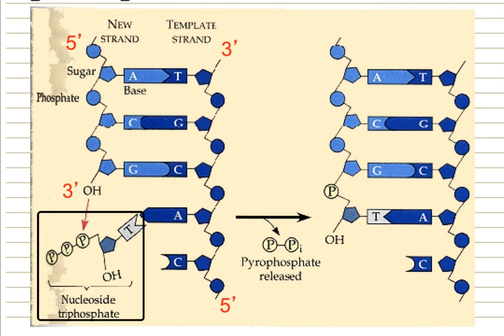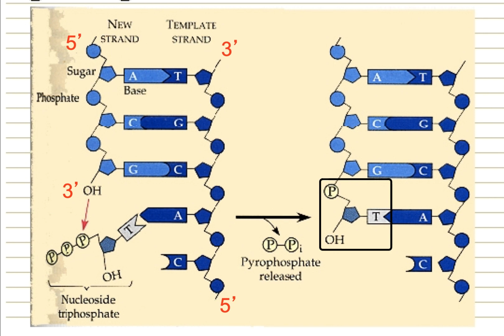So you have to have deoxyribo T, deoxyribo A, etc. being added. During the process, only the initial phosphate is used to join into the backbone of the DNA, and the other two phosphates are ejected as what's called pyrophosphate.